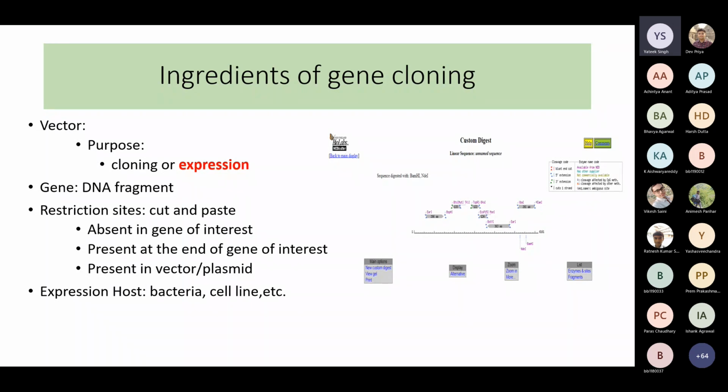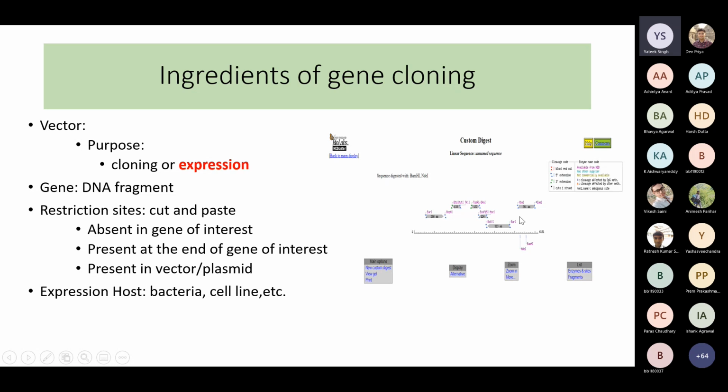Do you understand restriction sites? Okay, so the restriction sites should always be absent in our gene of interest. You can see a picture here. This is the gene fragment, and NdeI and BamHI, these are the two sites which are present here. If we add enzymes NdeI and BamHI, this will cut our gene somewhere in between.